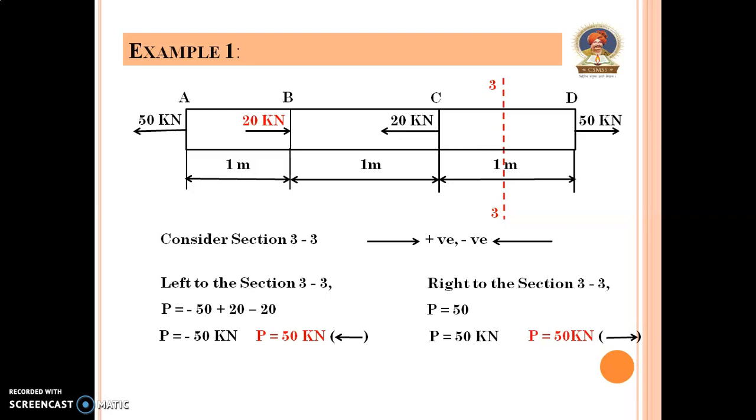Now once again draw the section CD. In right hand side the force moved towards right side, value is 50 kilonewton, and in left region the force is moved towards left side, so the value is 50 kilonewton.